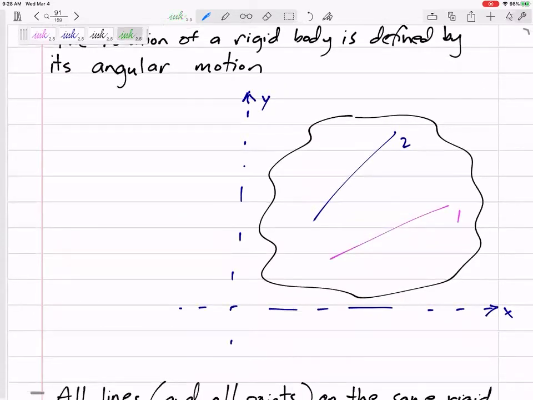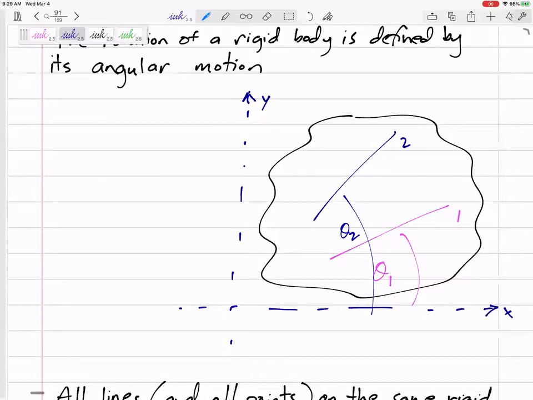Before we get to that, let's say we've got two lines on a sheet of paper. A white line, a blue line number 2. Line number 1, we can define its orientation as θ1 from horizontal. Maybe it's 25 degrees from horizontal, and θ2, maybe 50 degrees from horizontal.